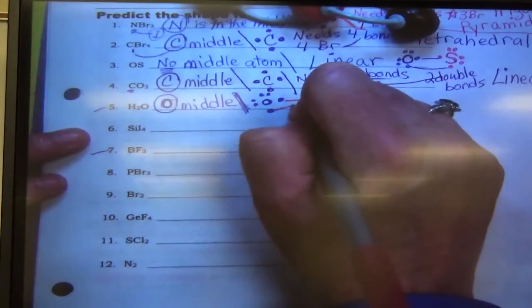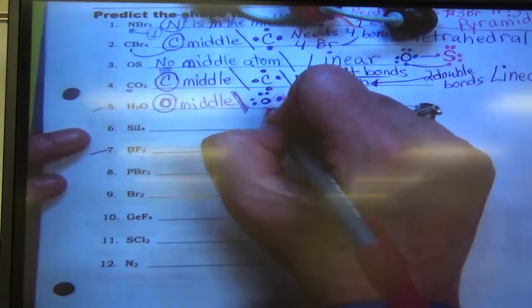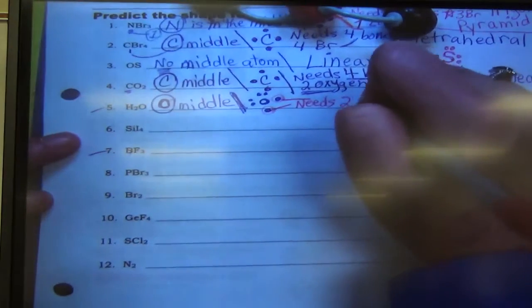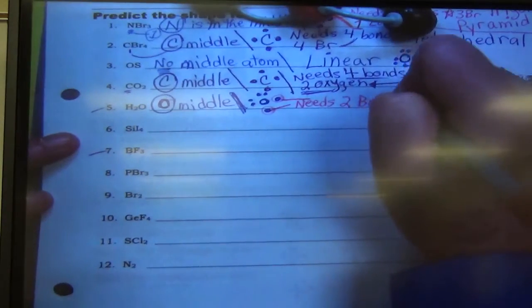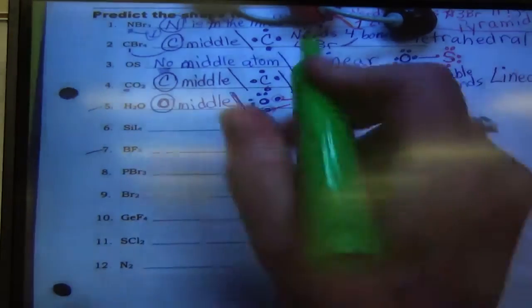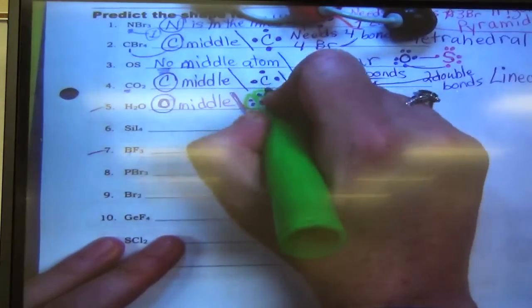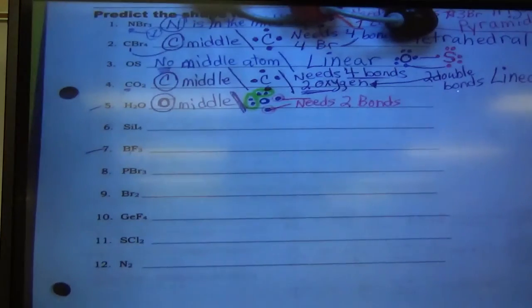1, 2. So oxygen needs how many bonds? 2, right. All oxygens need 2 bonds somehow. Look what happened. When you have 2 bonds, these electrons are left over, and these electrons are left over. What do we know those are called?